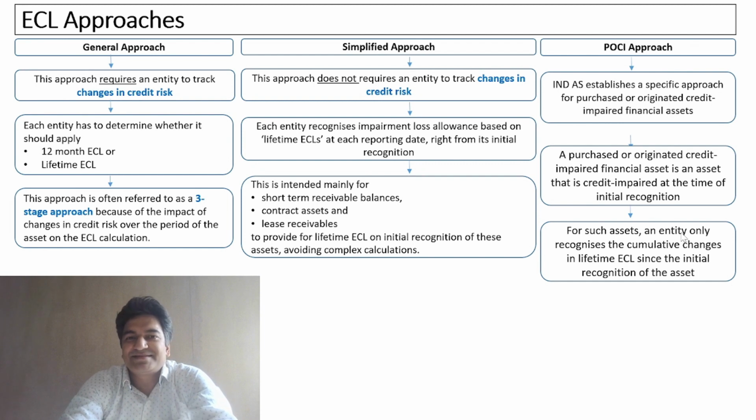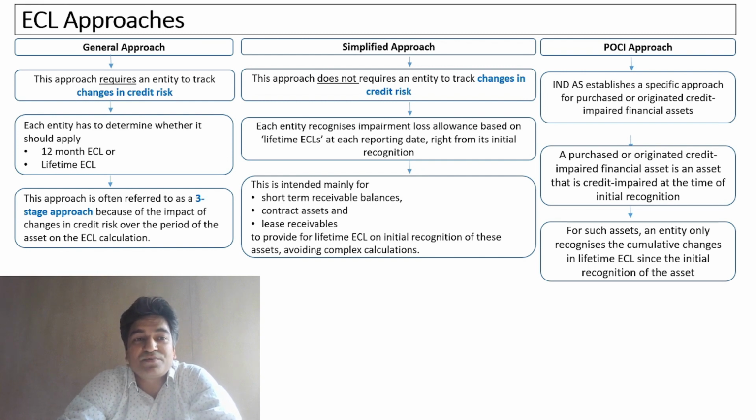So friends, let us now understand the first approach, that is the general approach. This approach requires an entity to track the changes in credit risk. This is a more complicated approach as compared to the simplified approach, wherein entity is not required to track changes in the credit risk.